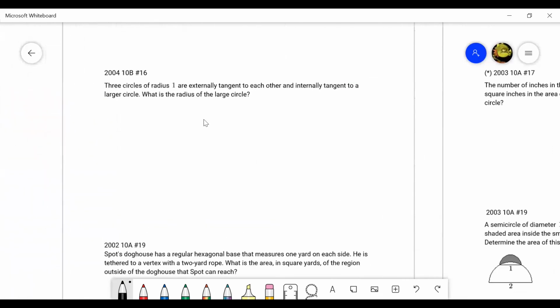This is 2004 10B number 16 that we see in the top left. Three circles of radius 1 are externally tangent to each other and internally tangent to a larger circle. So what is the radius of the larger circle? All right. So the first thing to do is draw a diagram.